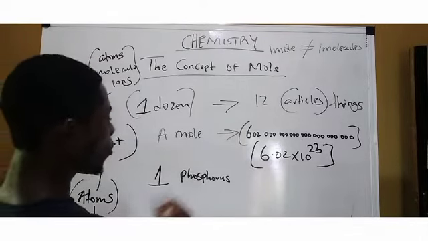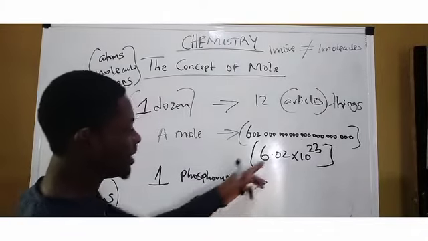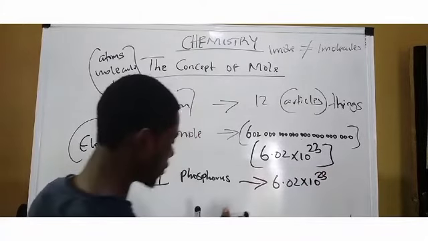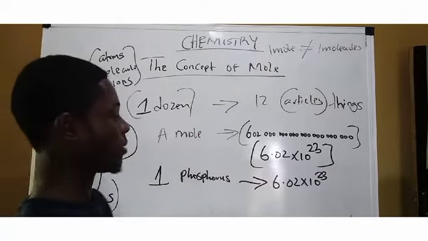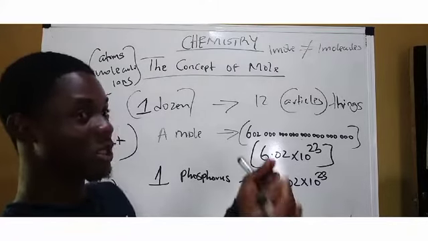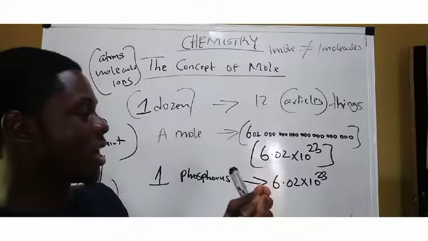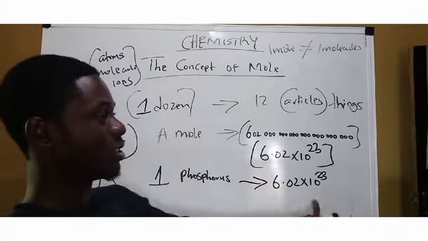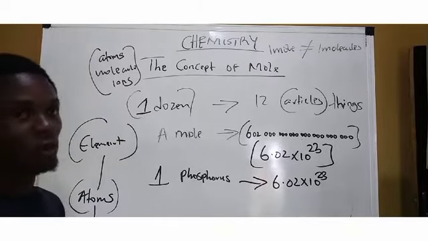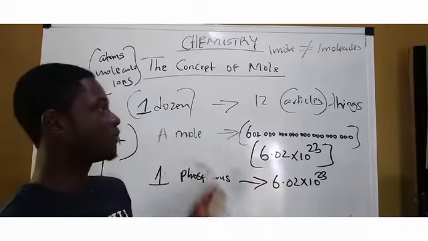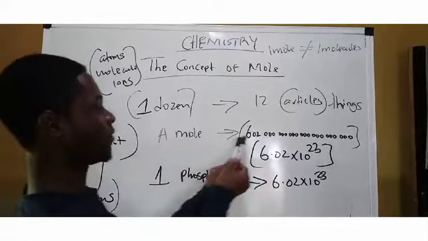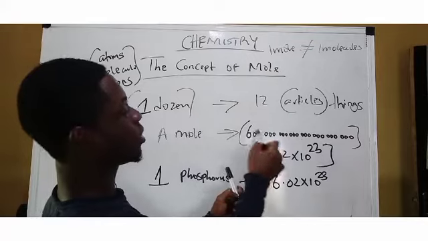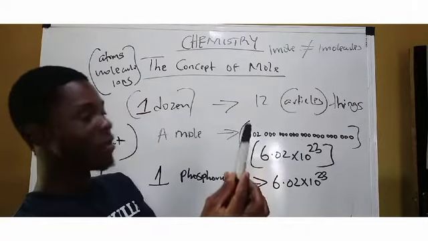So 1 mole of phosphorus contains 6.02 times 10 to the 23rd particles of phosphorus, which are atoms of phosphorus coming together in this total amount. Going back to the marker, if we have this amount of markers, we have a mole of markers.